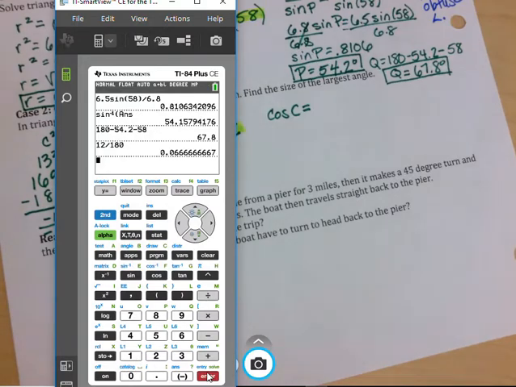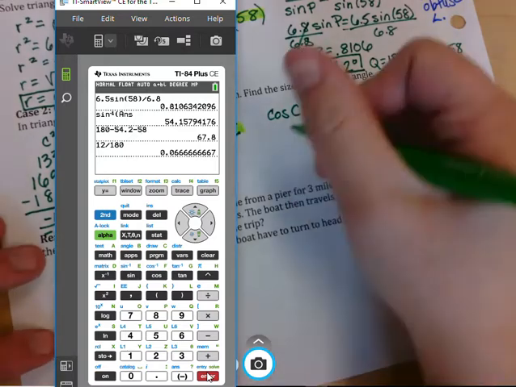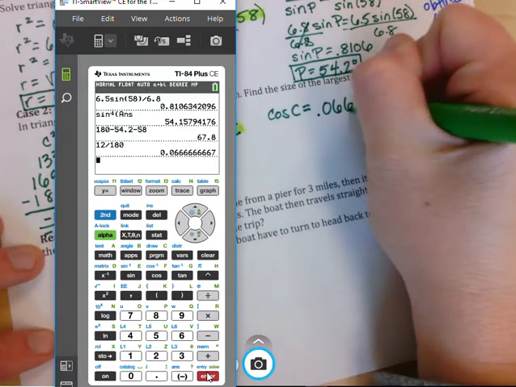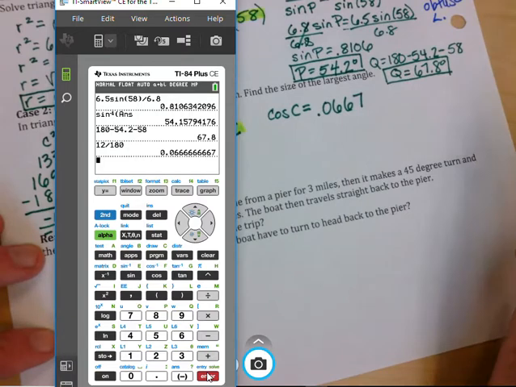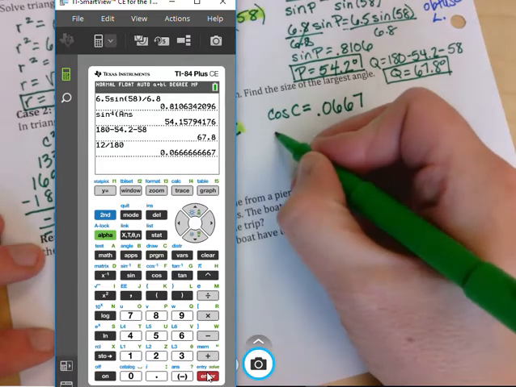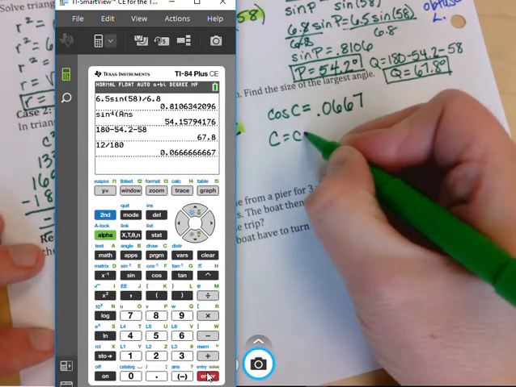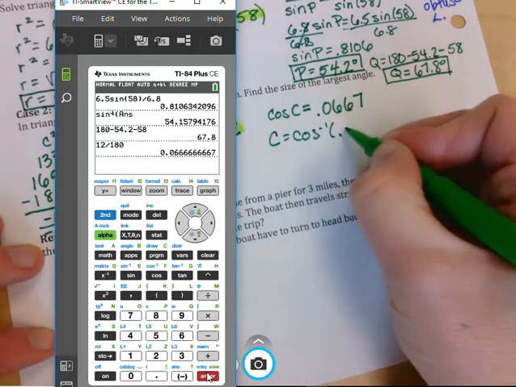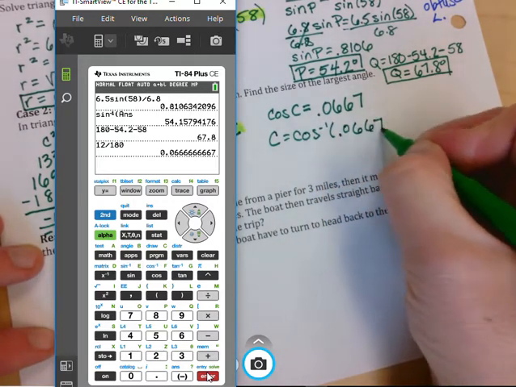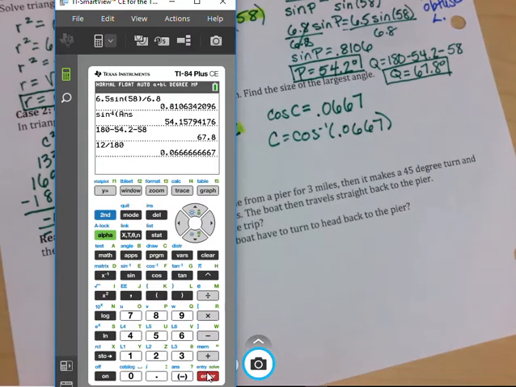0.0667. All right, so then we're going to do inverse cosine. Notice that all of a sudden we're doing inverse cosine instead of inverse sine because this is law of cosines.